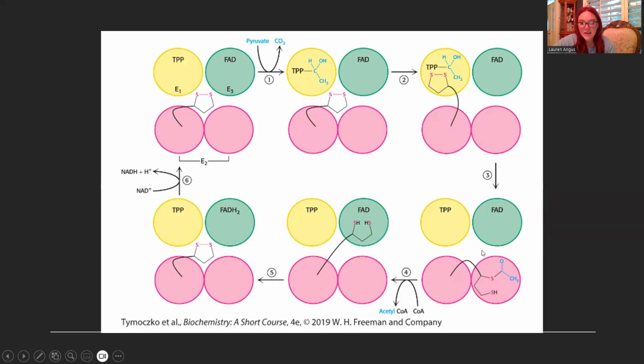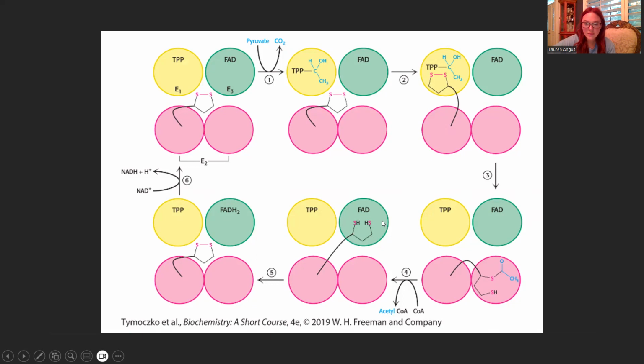This complex is hanging out in active site 2, E2, right now. Moving to step 4, our coenzyme CoA is added. It'll take the two carbon group and attach it onto the CoA, yielding acetyl-CoA. We are left with our lipoamide arm, which will then swing into the E3 portion.